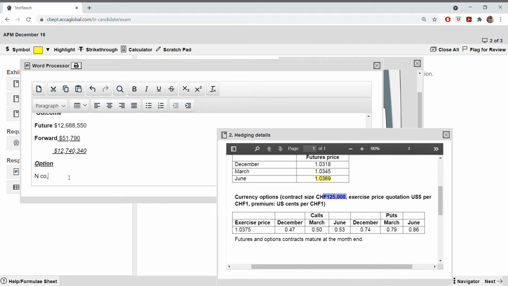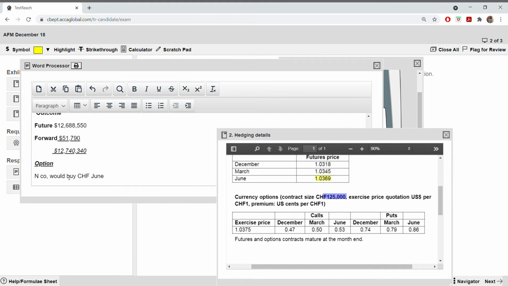And the company would purchase or buy what? Write the currency, CHF. Which one? December, March, June. As for the future, June. You have to write the currency also. Just writing future or option is not enough. June future, June option.